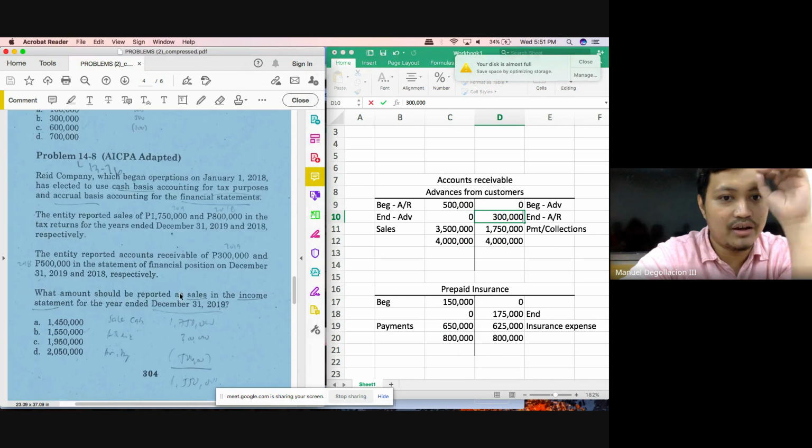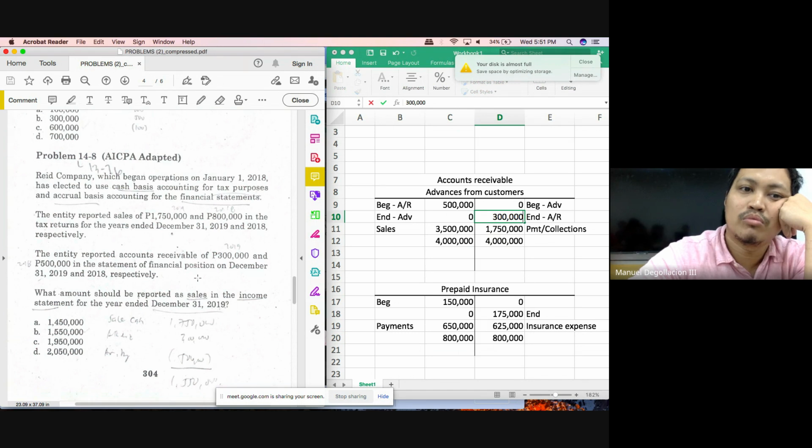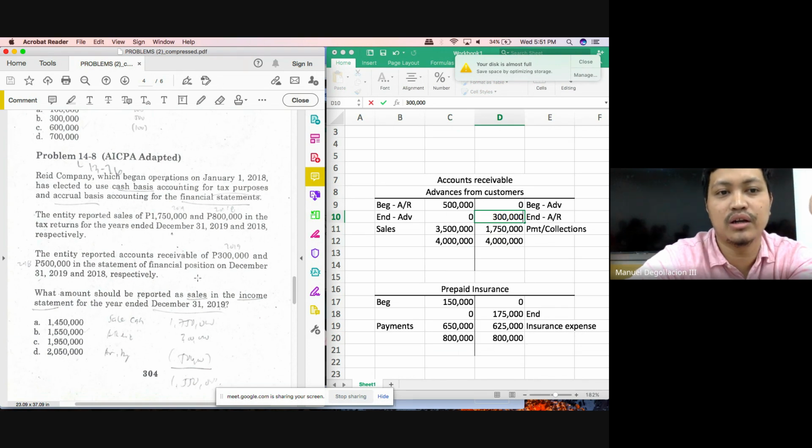What else is given? That's it. Perhaps the textbook should not have started with 14-1. Okay, after 14-1, everything would be easy for you.